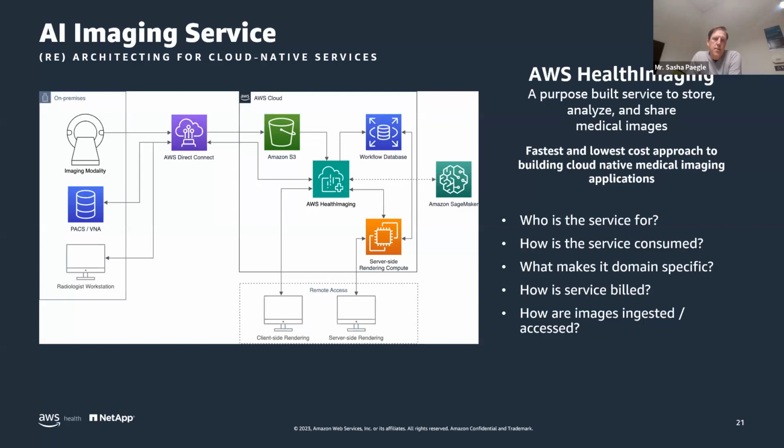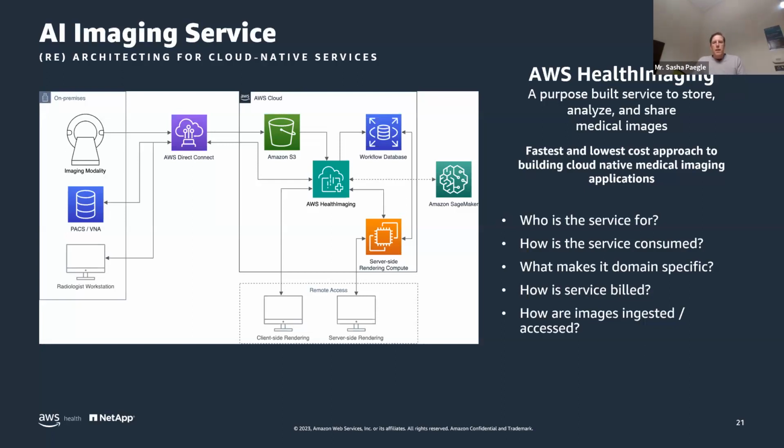So the key point here is to evaluate who this particular service is for. Do we actually have the capability to build off of that service? Or do we just need to know that the imaging ISV we're working with is building in the cloud, using cloud native capabilities to deliver a service that provides a variety of capabilities, is fast to update, fast to introduce new features, and lets us take advantage of those new capabilities?